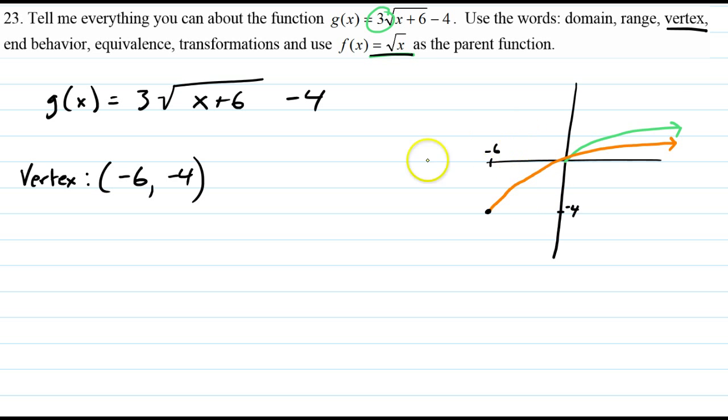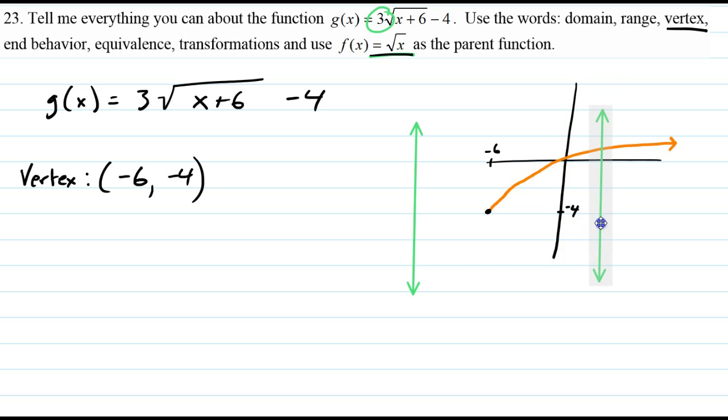Okay, and so now if we look at our domain, I'm going to get rid of the parent function. The way I think about domain is with the vertical line that I move across the graph, and the first time it touches is where our domain starts.